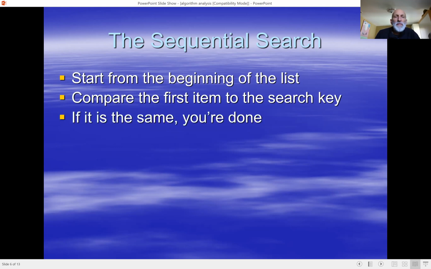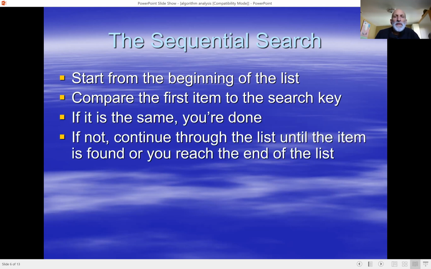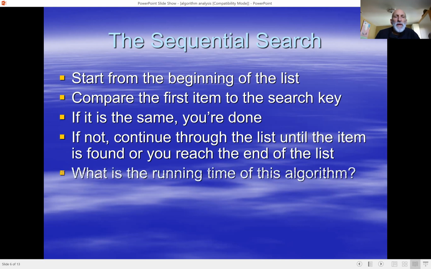And if it's the same, you're done. If it's not, you just go on to the next item in the list. So you just keep going from the top of the list to the bottom of the list, looking for what you want. That's not a very good algorithm, but it's the best you can do if the list is unordered, has no order to it whatsoever.